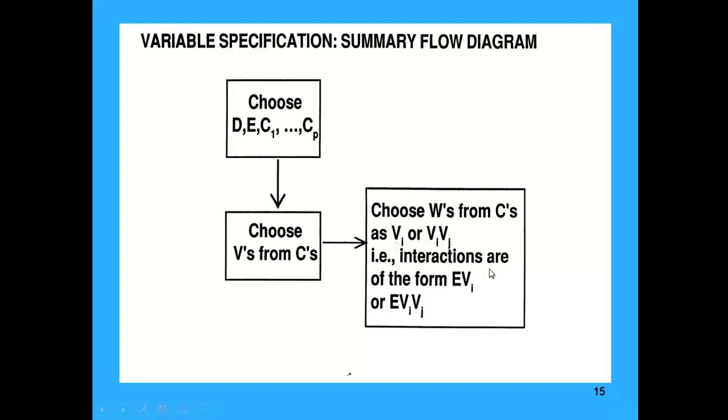And so the interaction terms are going to be of the form E Vi or E Vi Vj or some combination of them. So that's where you're at the start of the modeling strategy, variable specification stage. You have to make these decisions. It's not easy. Okay? So what do we do next?